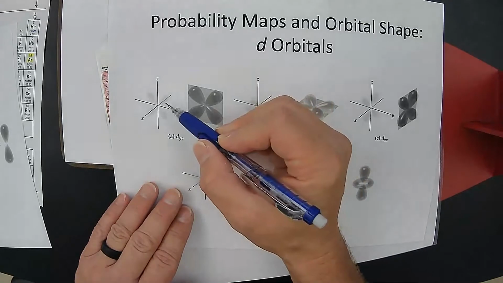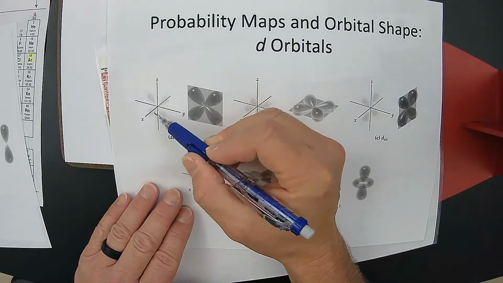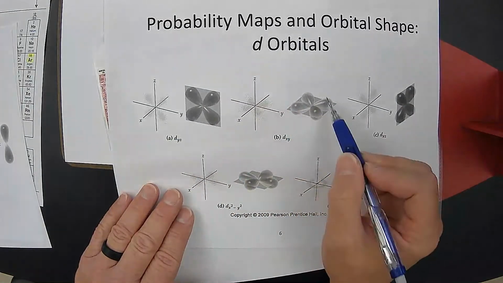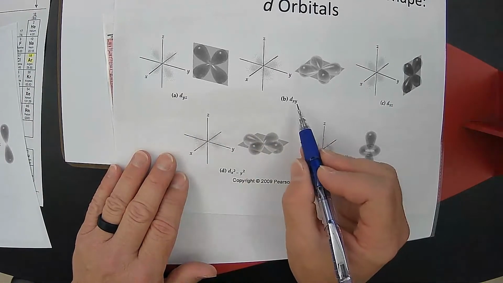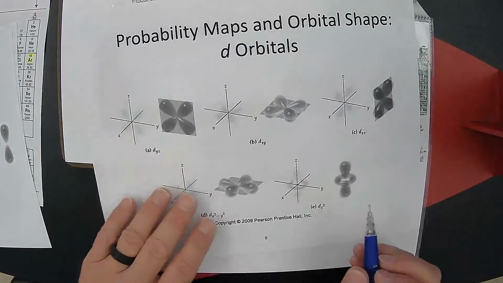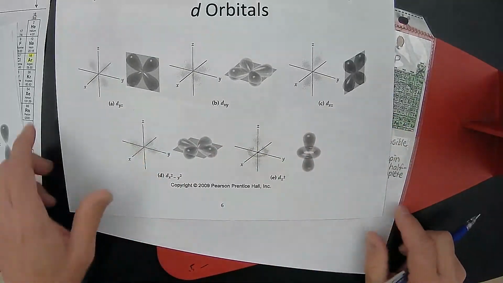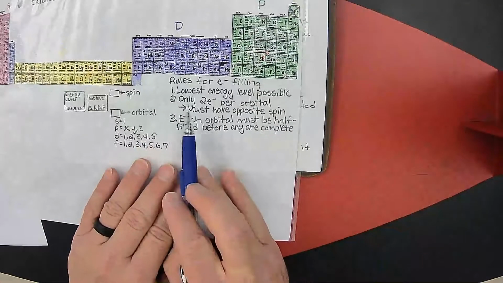And these pictures here are showing what if we took a picture on a super fast mode of an electron flying around, and it makes this 3-dimensional shape, or this one. They call them d sub yz, d sub xy. 5 different shapes.